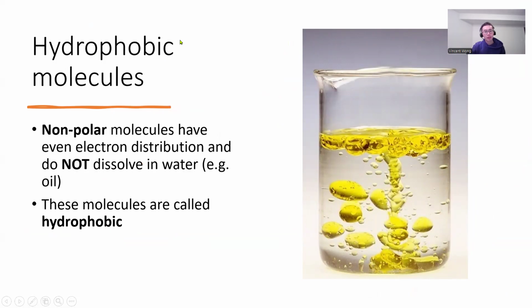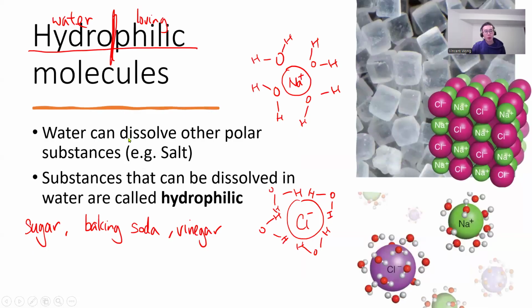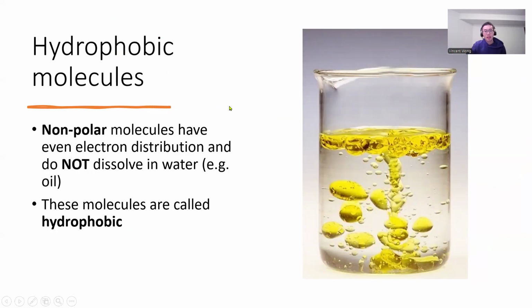Hydro is water, phobic, as in phobia, it's to be afraid of something. So these molecules are hydrophobic, they're afraid of water. Usually they are non-polar molecules. Unlike polar stuff, because water is polar, anything that's polar will be able to dissolve in water, but anything that's non-polar will not be able to dissolve in water.